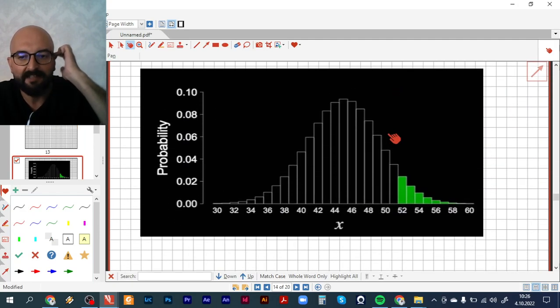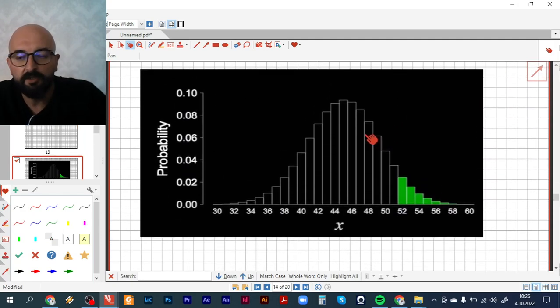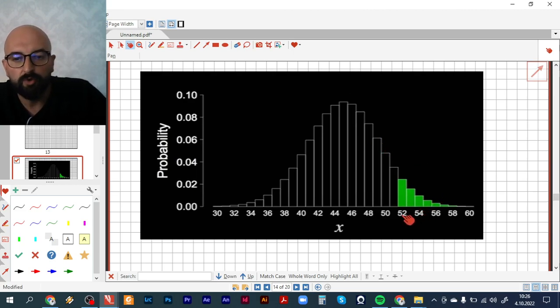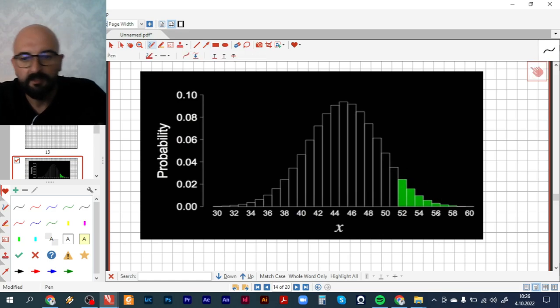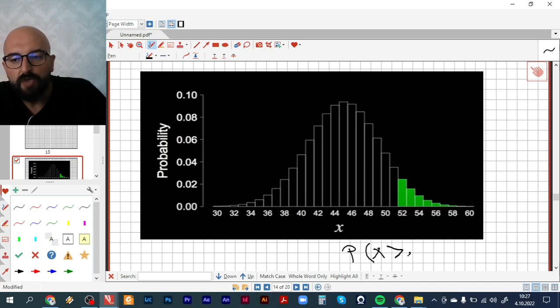Please notice that you want the probability of x greater than or equal to 52. So you have to figure out this area.